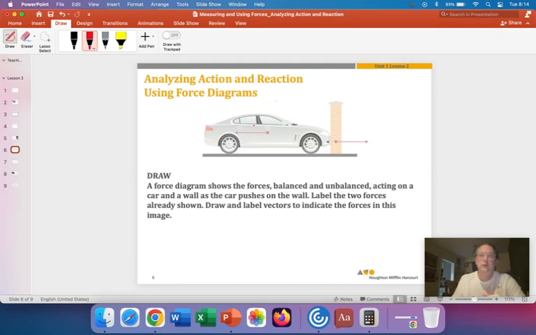The normal force is the ground pushing up on the car. And force of the normal.